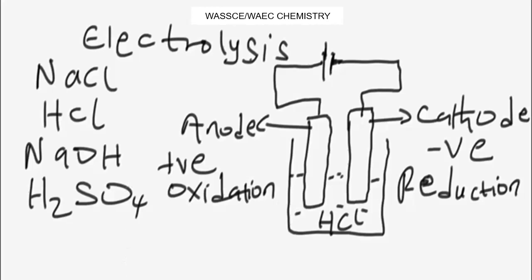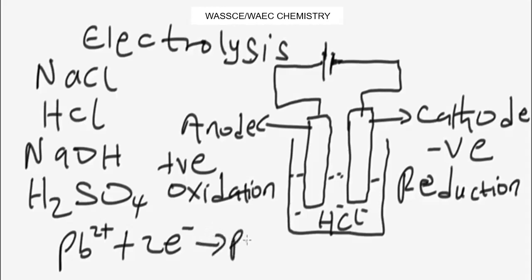So basically, we can say that positive metal ions are reduced to the element at the cathode. For instance, a lead ion. Lead is a metal, right? So the lead two-plus ion will gain 2 electrons at the cathode to be reduced to a lead atom.